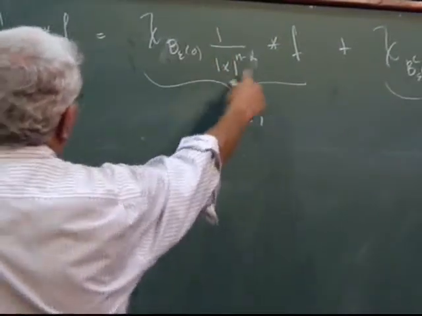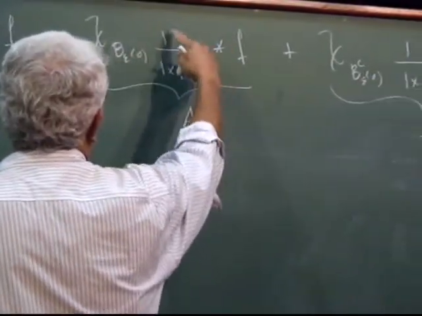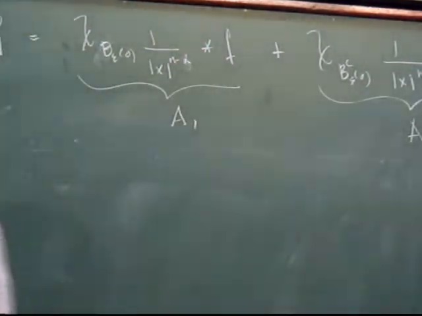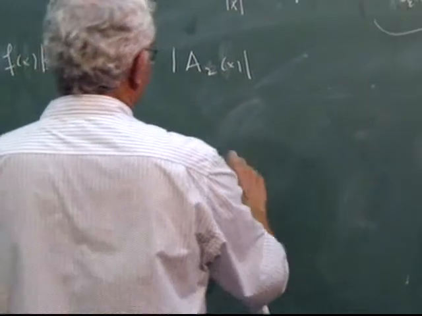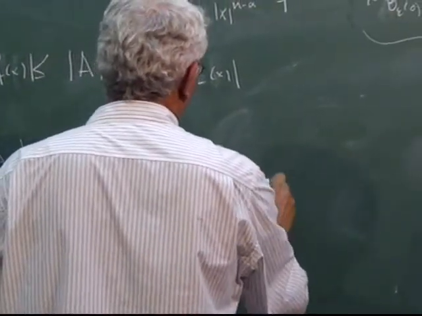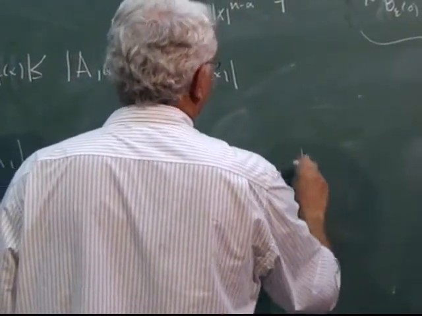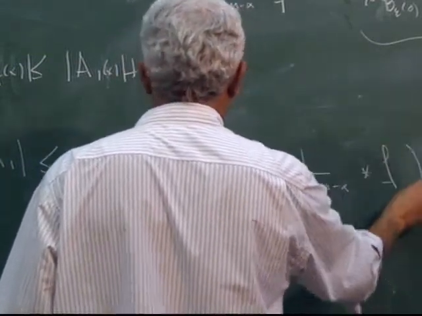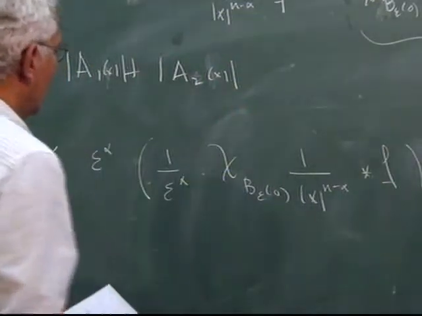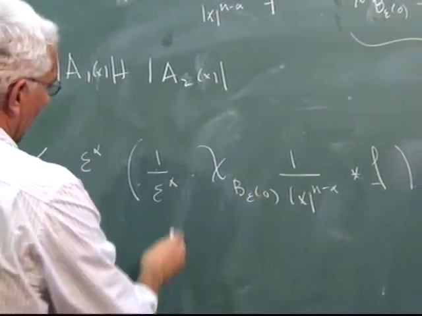The L1 norm that I just computed, the L1 norm of this, was epsilon to the alpha. Then I get epsilon to the alpha, 1 over epsilon to the alpha, the characteristic of the ball of this, 1 over |x|^(n minus alpha), this f. Okay, this is exactly what we have here.